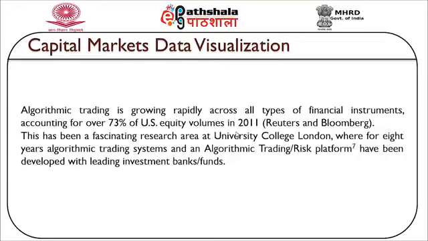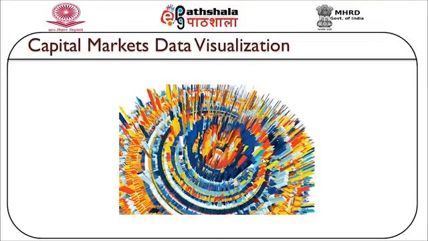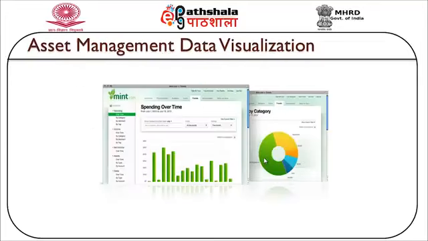This has been a fascinating research area at University College London, where for 8 years the algorithmic trading systems and an algorithmic trading risk platform have been developed with leading investment banks and funds. So the 8 years data set is being represented using this kind of visual.